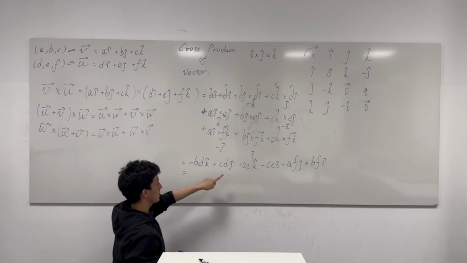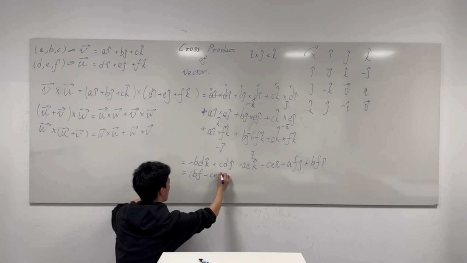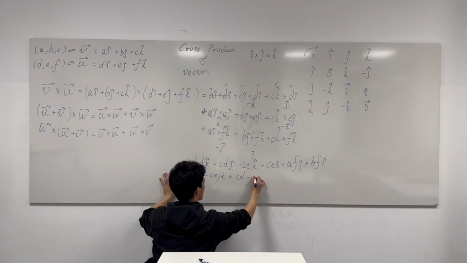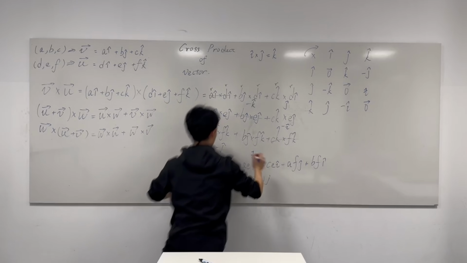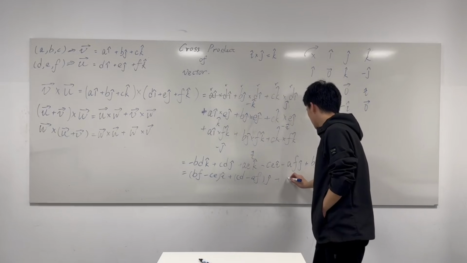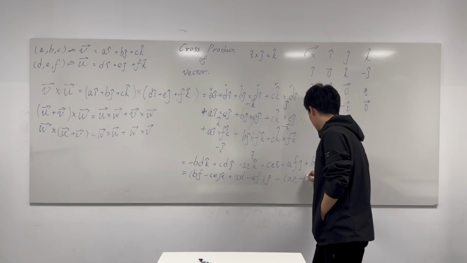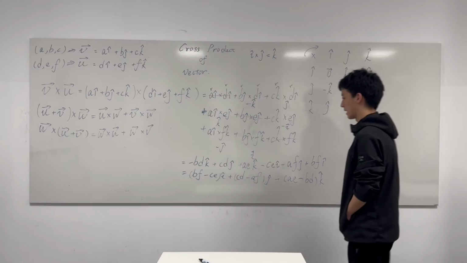First let's calculate I: it will be BF minus CE I, plus CD minus AF J, plus AE minus BD K hat, like that.